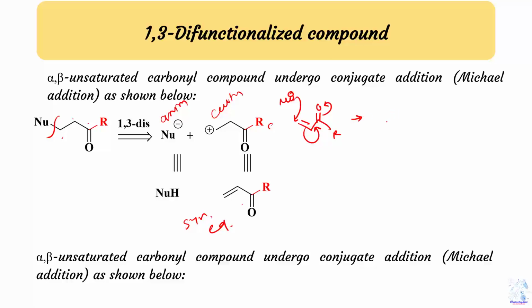So at the end we will get this kind of compound having the nucleophile inserted and the double bond is here. So what happened? The H plus inside that solution takes that hydrogen, and we will get our starting material, which is the nucleophile at the third position. It is very easy to get it.